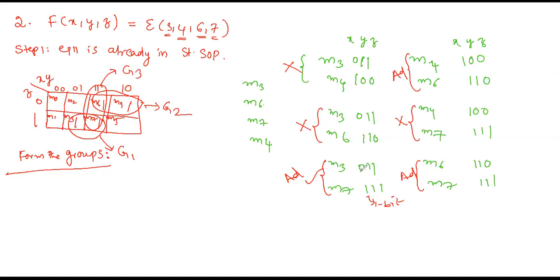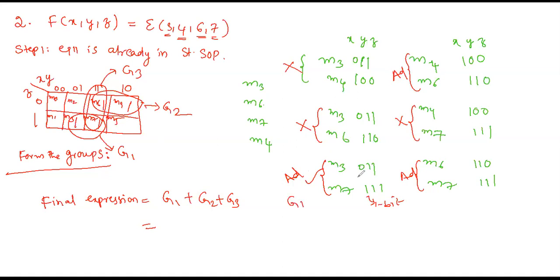Here the final expression is G1 plus G2 plus G3. And what is G1?